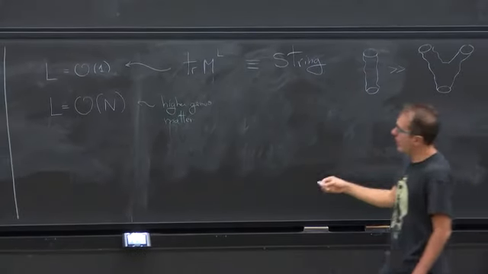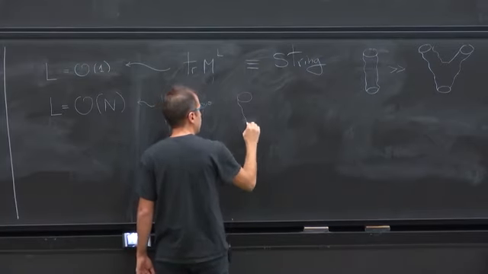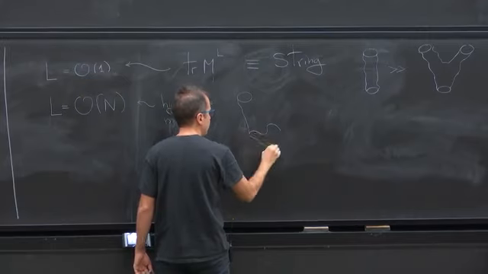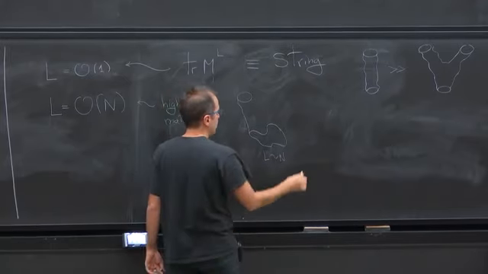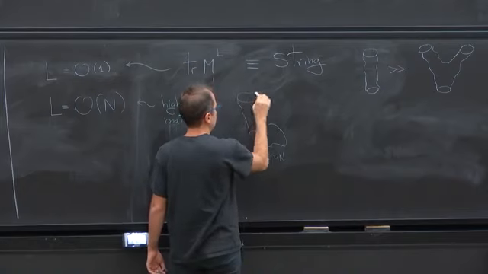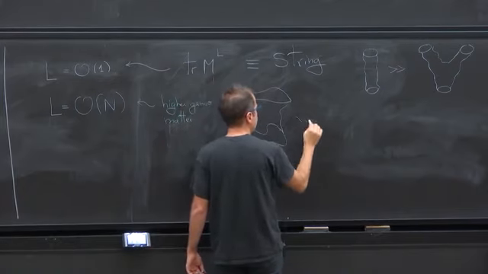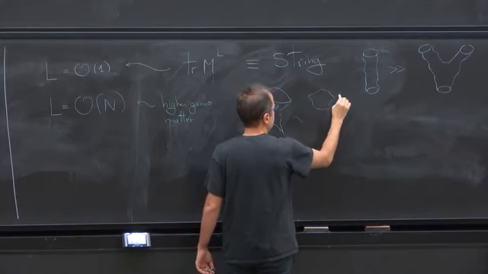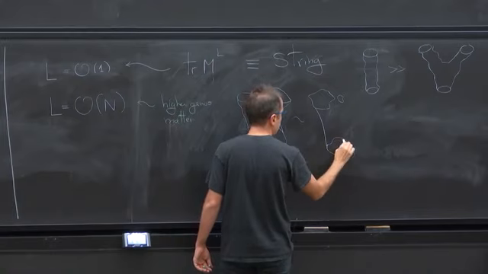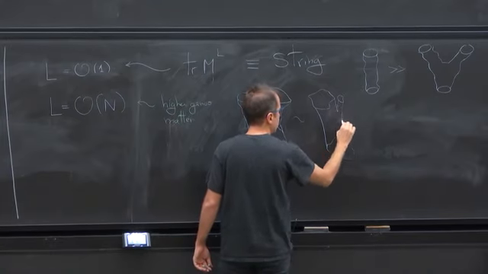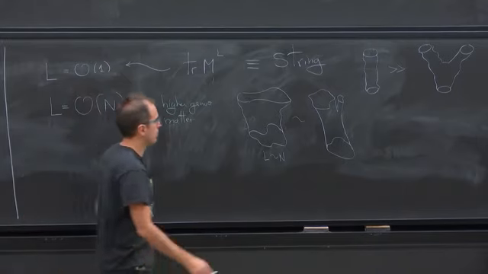But now, when L starts to be of order n, if you consider this big two-point function, you can convince yourself that this is of the same order as a two-point function where you would actually emit a small closed string.